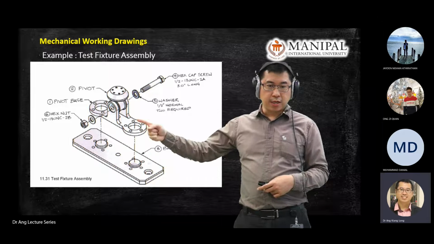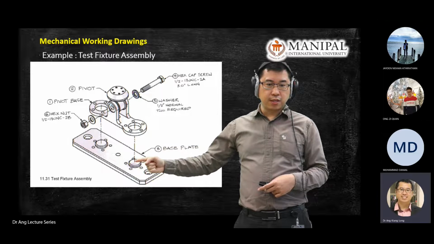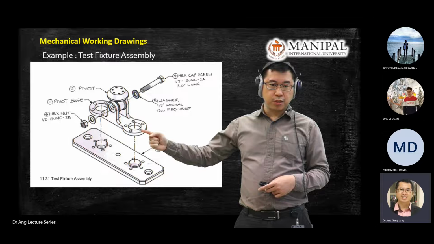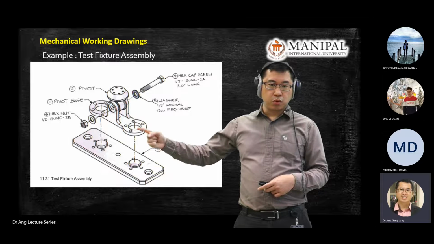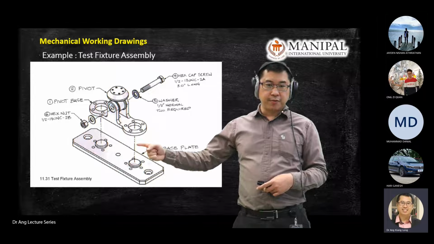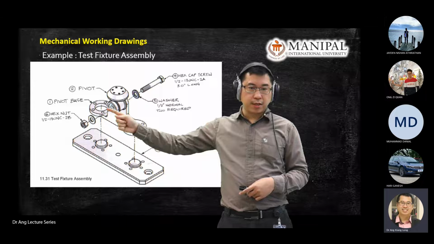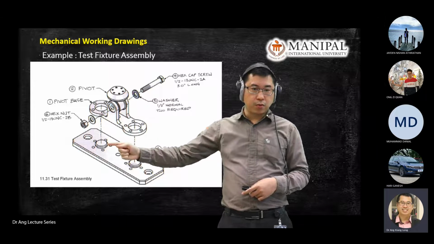So you draw a line from the center to the center of this hole. Then you use an assembly line to tell the reader of your drawing that this hole actually goes to here. Same with this one. Okay, this hole will go to here.